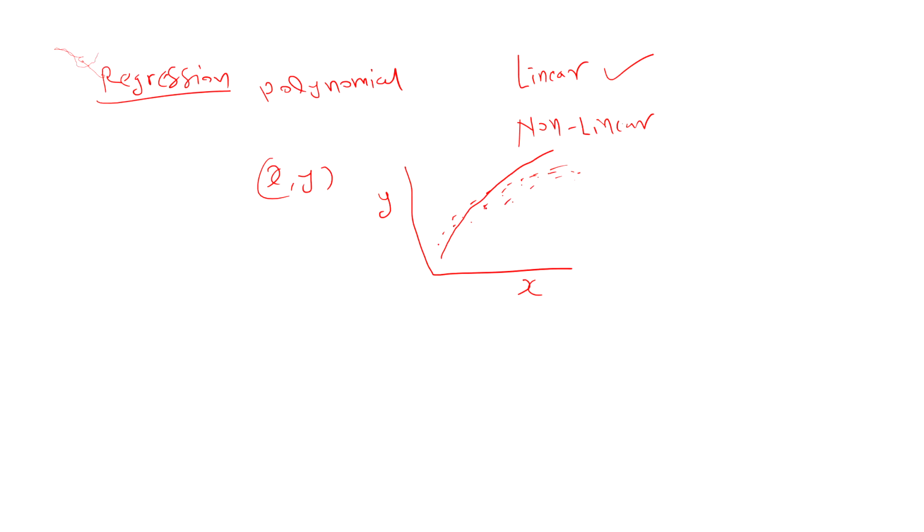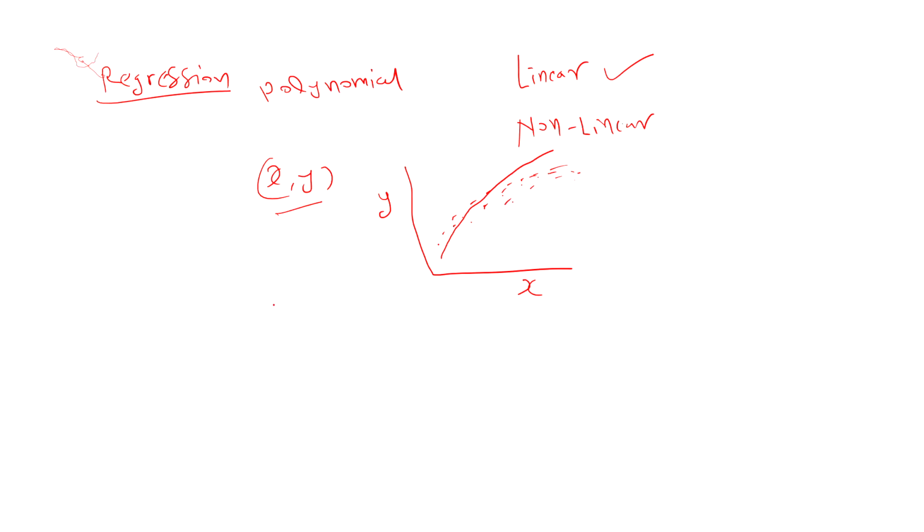Ideally, the best representation would be that this function is satisfied for each value of x and y. But that cannot be the case because these points are not having any functional form, so we cannot write that. We want to give an approximate representation of this data set.